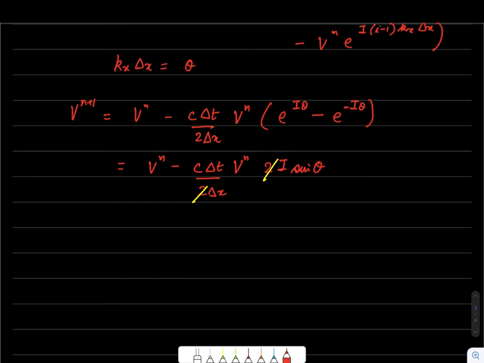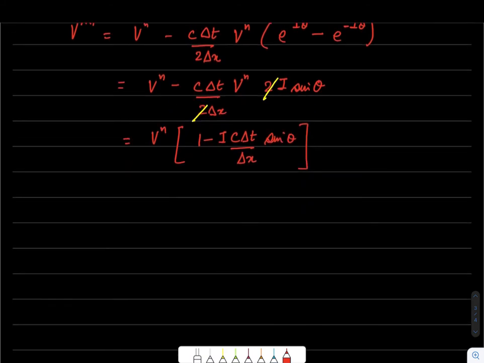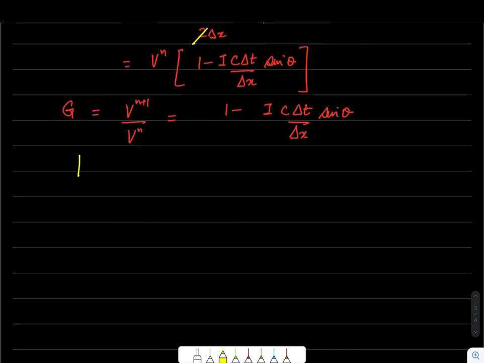And what we are left with is now Vn times 1 minus c delta t by delta x times iota sine of theta. And so the amplification factor G, which is equal to Vn plus 1 by Vn, will be 1 minus iota c delta t by delta x sine of theta.